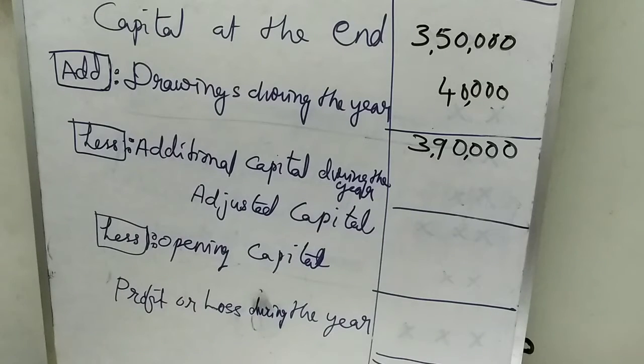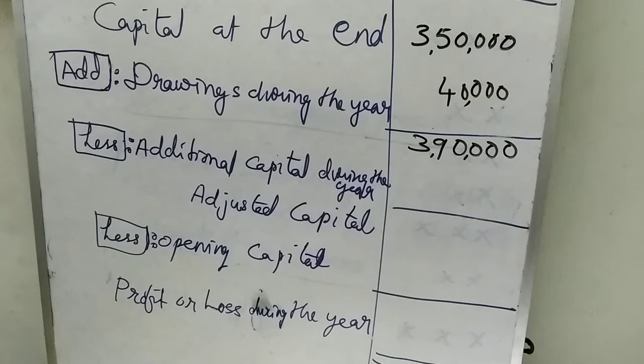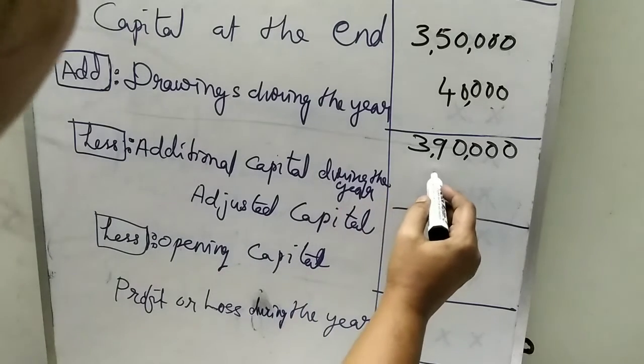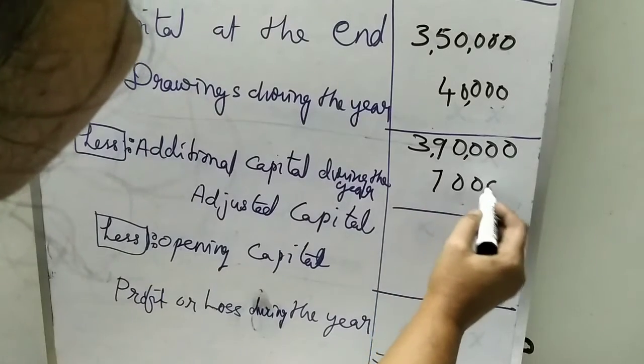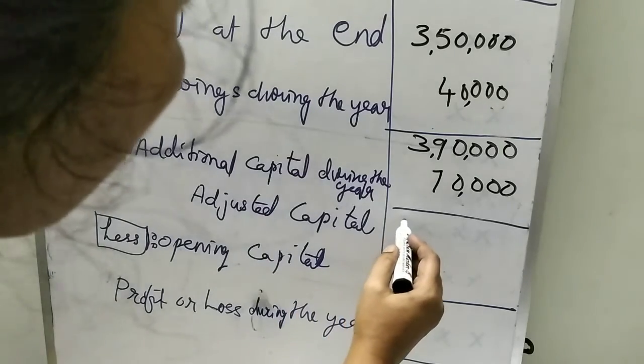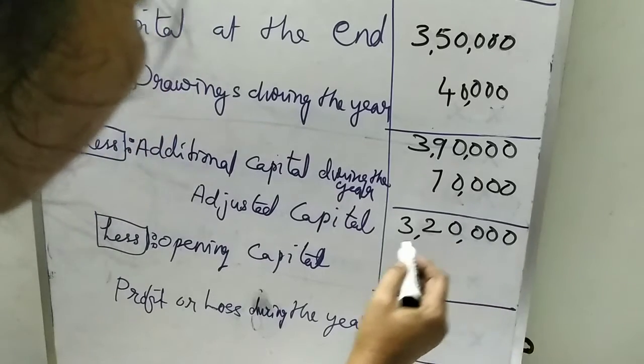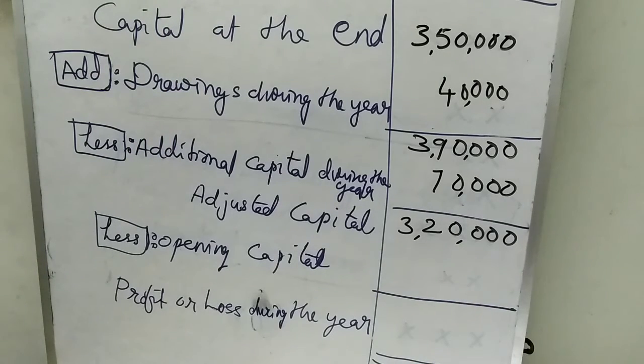Then next one, less additional capital during the year. That is 70,000. If you subtract this one, you will get 3,20,000. Then opening capital is also given in the question. Opening at the beginning, 2 lakhs.